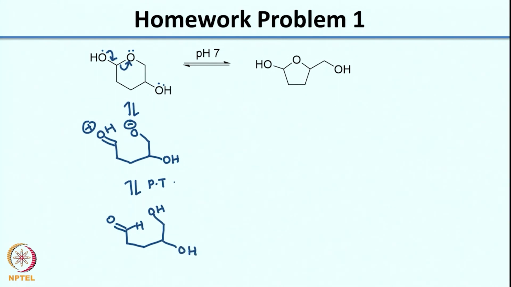Now, if you look at this molecule carefully, I have 2 alcohols and 1 aldehyde. So, this would be my sink. Now, if I choose this OH as a source, I get back my starting material. So, I will not do that. Instead, I will use this lone pair as the source and I will push my electrons here.